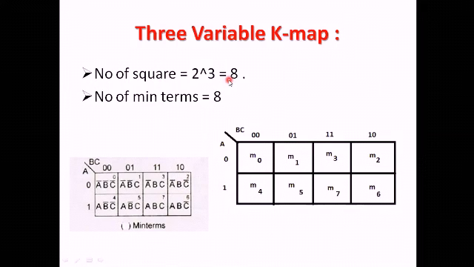See, the number of squares is always given by the formula 2 to the power of n, where n is the number of variables. So the number of min terms will be equal to 8. Each of these squares comprises one of the min terms.